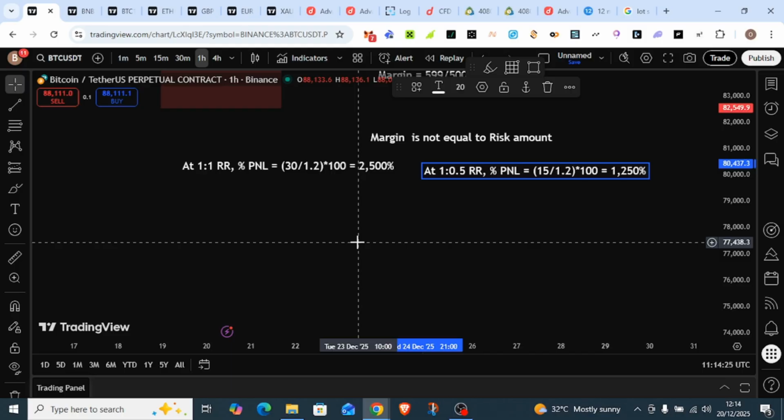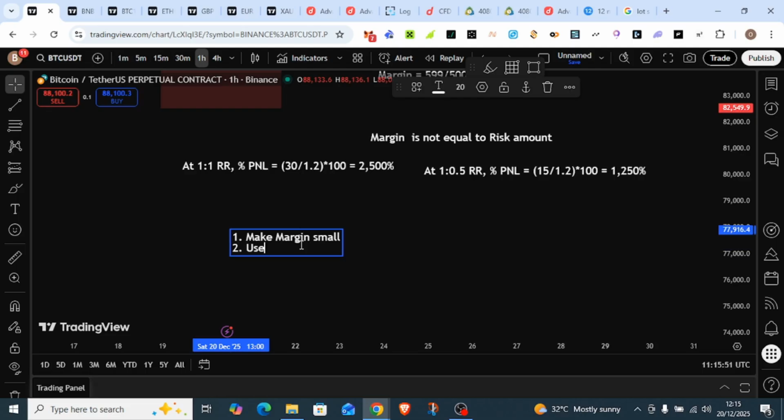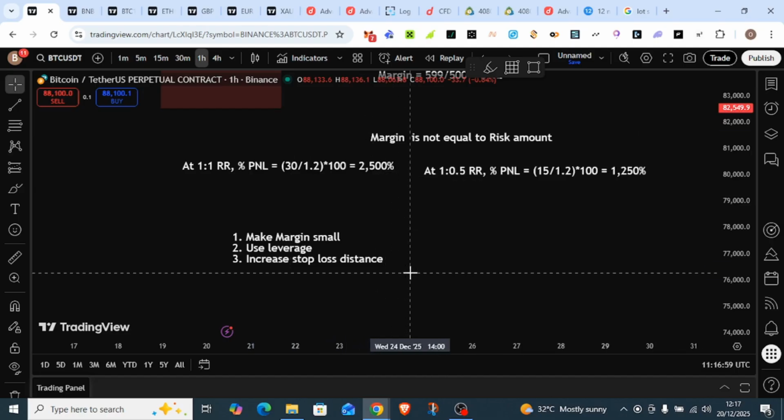To get high percentage PNL, number one, make margin small. Number two, use leverage. Number three, increase stop loss distance.